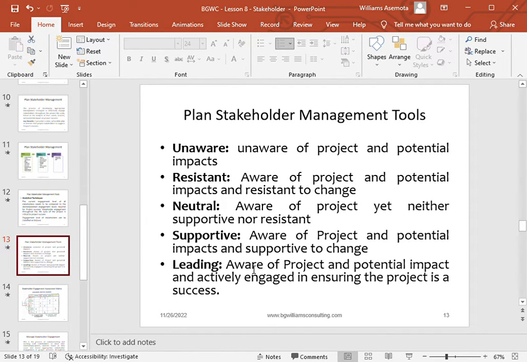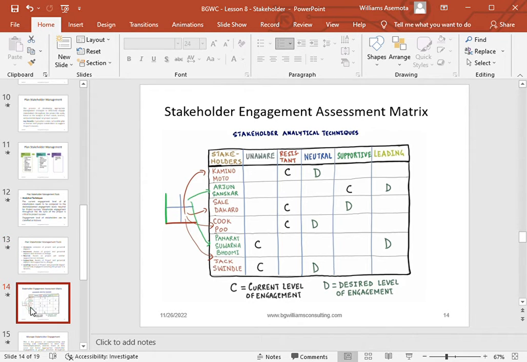So this stakeholder is the leading stakeholder. So in a nutshell, the reason for this stakeholder engagement assessment matrix is to quickly compare, because at this point we have already started engaging our stakeholders. We've started discussing.